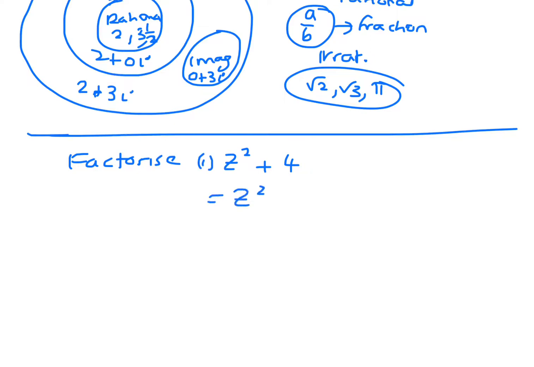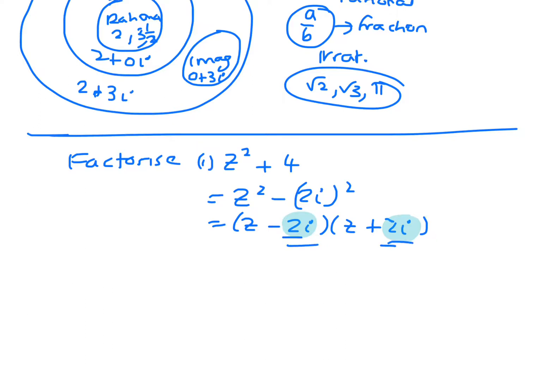You write that as z squared minus 2i squared. And this can only be factorised over the complex field. It's z minus 2i, z plus 2i. The complex field means that its factors, the 2i and minus 2i, are both imaginary. So it consists of an unreal part.